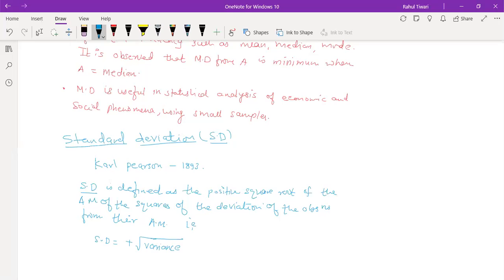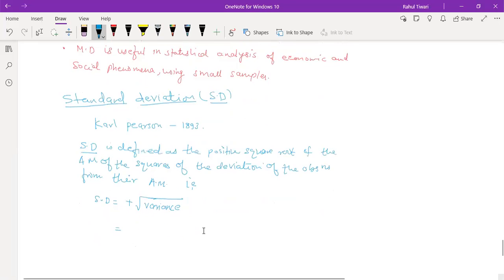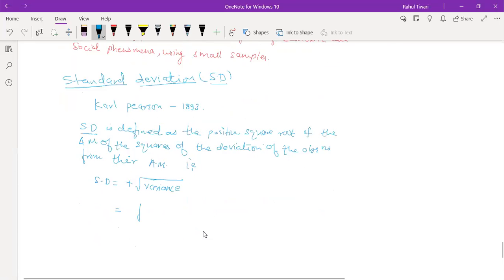So what does standard deviation say? It is the positive square root of the arithmetic mean of a square. That means, notationally if I write, this is going to be the summation of (x minus x bar) squared, under the positive root.